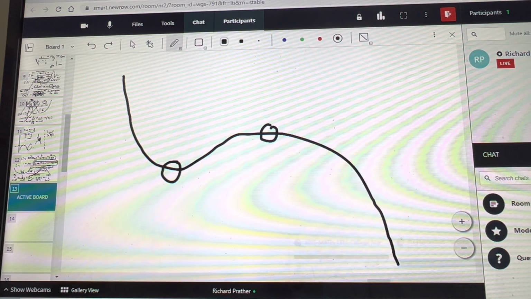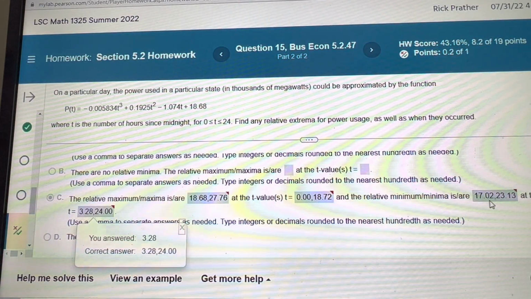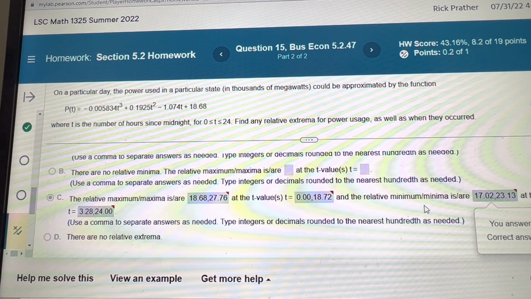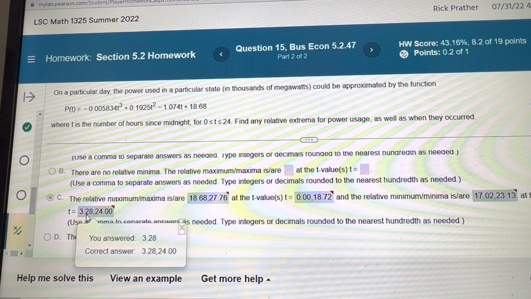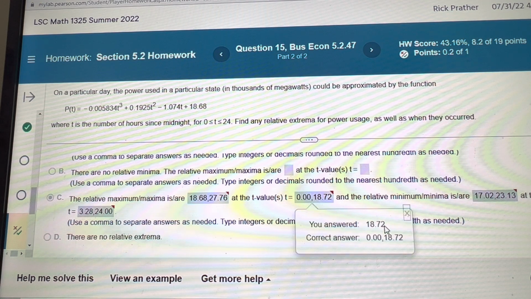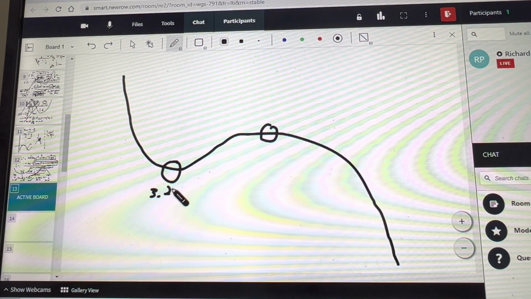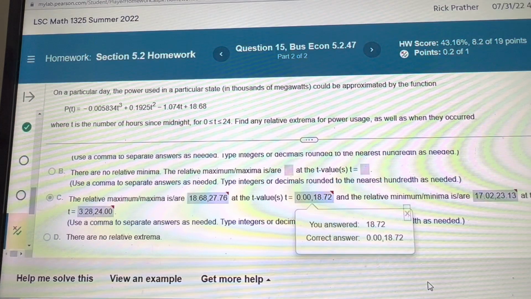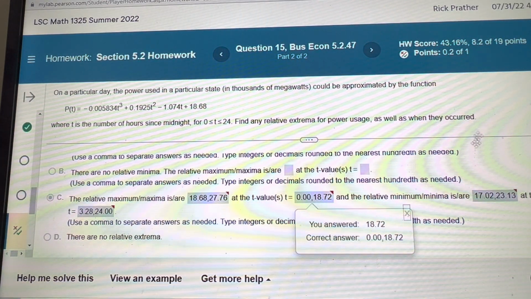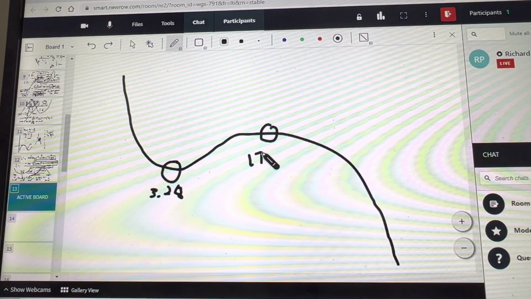Remember, the minimum happened first, at 3.28. The maximum happens second, at 18.72.